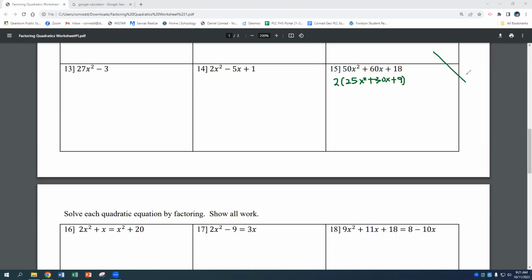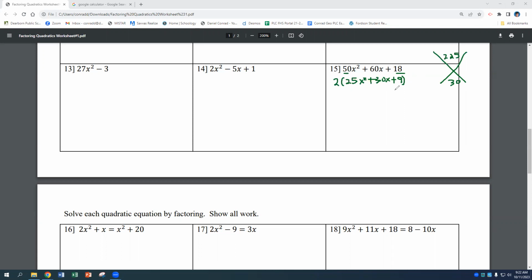Okay, so now when I factor, instead of doing 50 times 18, I'm going to do 25 times 9, which is 225. And I need something that adds up to 30. Okay. 225 is going to be divisible by 5.